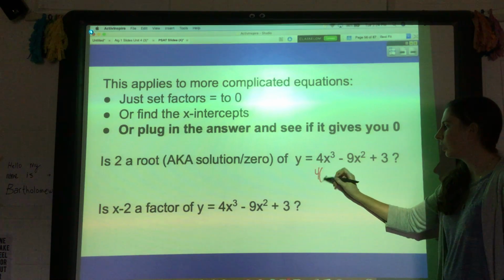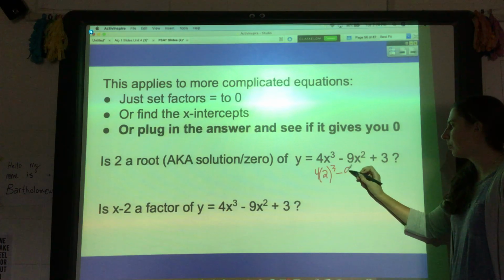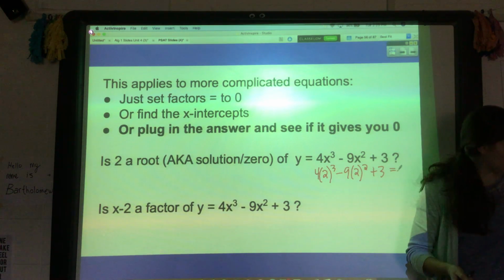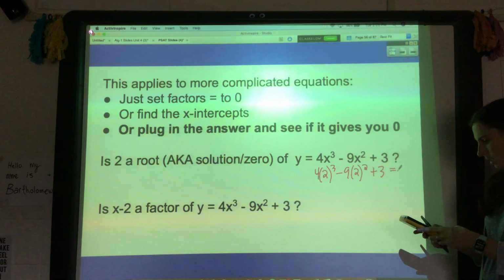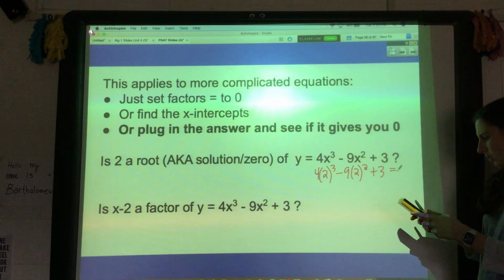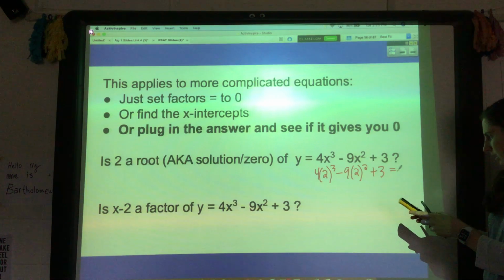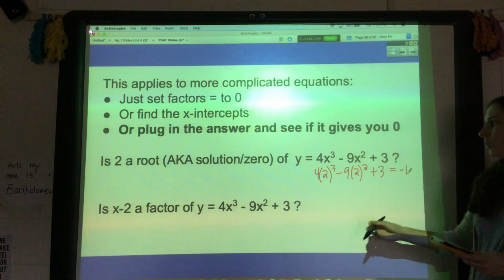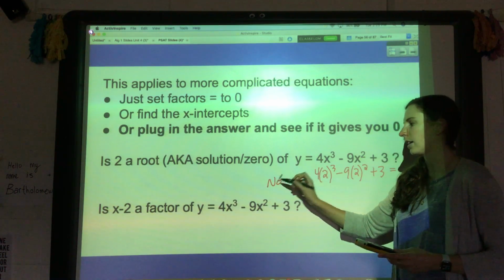So if I do 4 times 2 cubed minus 9 times 2 squared plus 3 and put all that in my calculator, 4 times 2 cubed minus 9 times 4 plus 3, I got negative 1, which is not 0, so no. You have to get out 0.